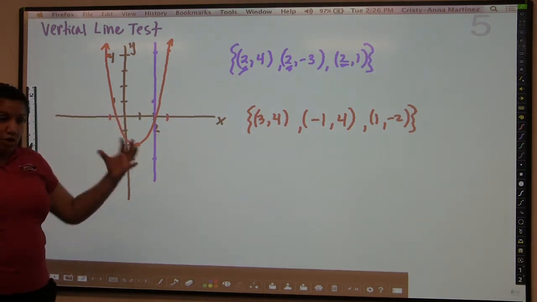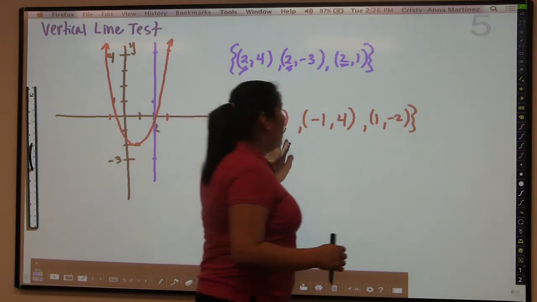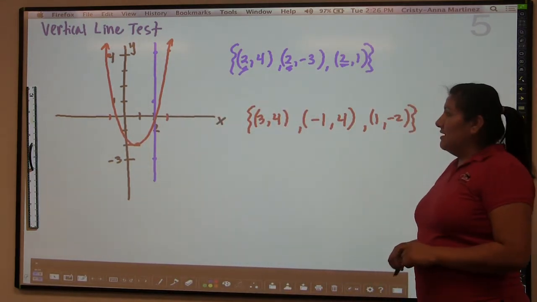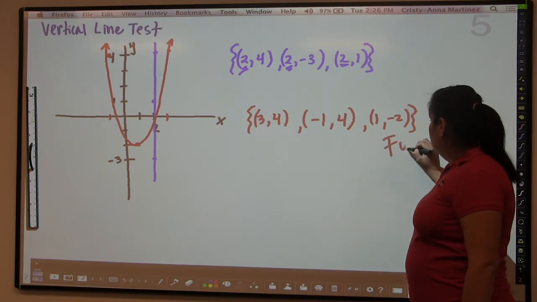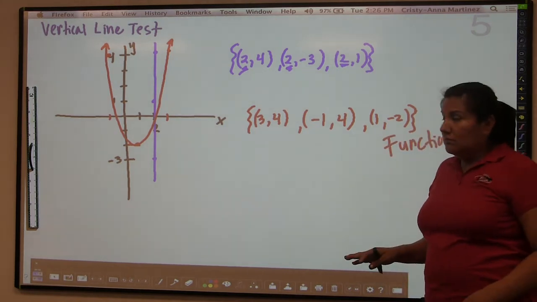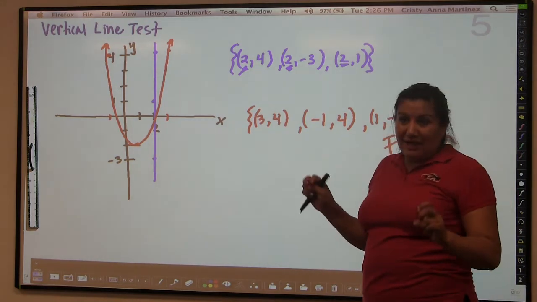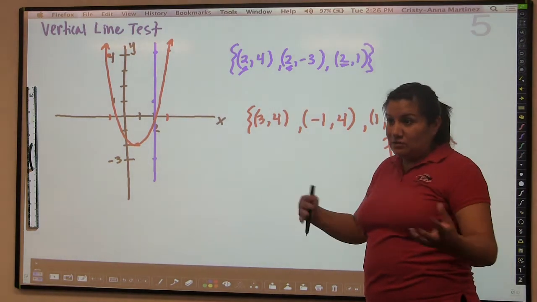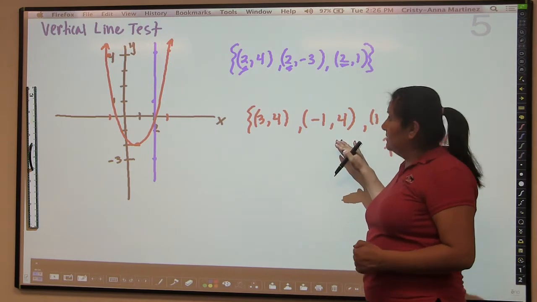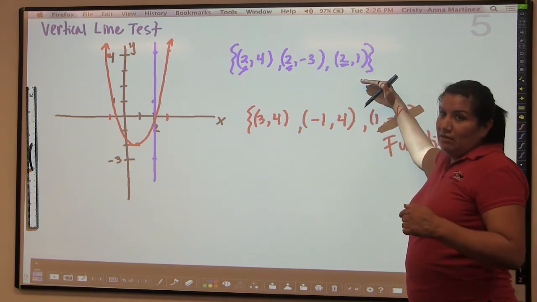So, what is the whole point of all this? When you have graphs that aren't vertical lines, then it means that it's a function. The example that I gave here in red is totally a function. It passes the vertical line test. It is a test, you know, you can pass or fail a test. So the red graph passes the vertical line test. The blue graph fails the vertical line test.